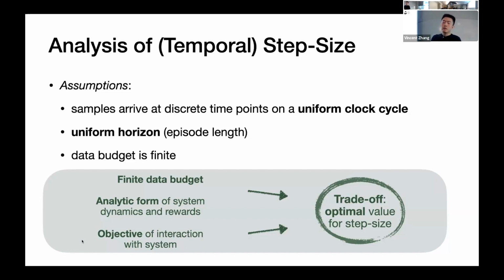Given those, if we add the objective of interaction with the system, for example, if we want to estimate value, we want that value to be accurate. So there are metrics that we can use. And so given those, we can arrive at potentially some trade-off that suggests there is an optimal value for the step size.